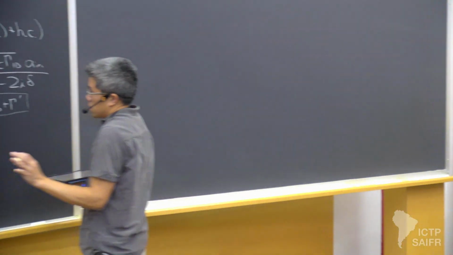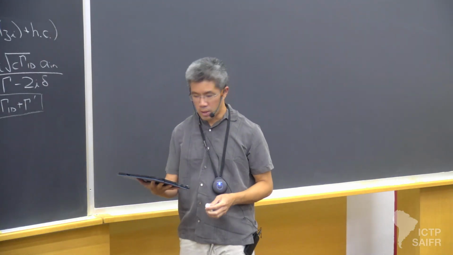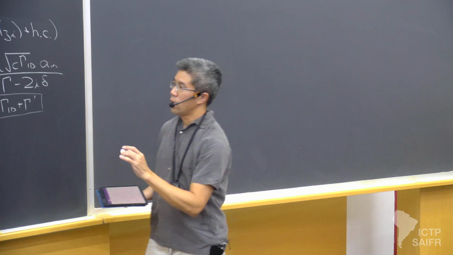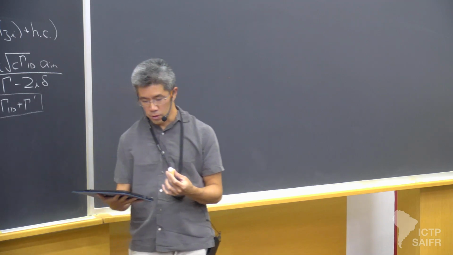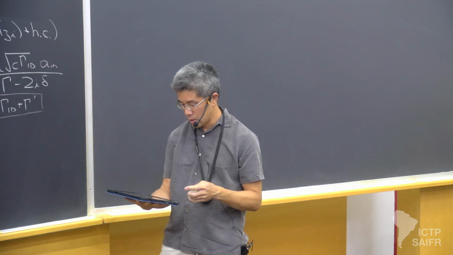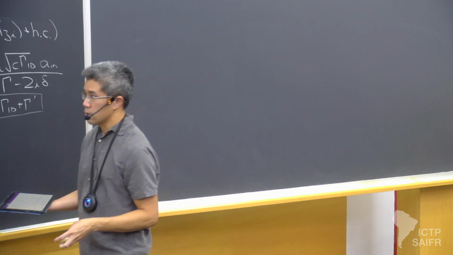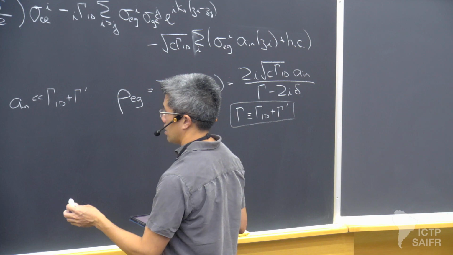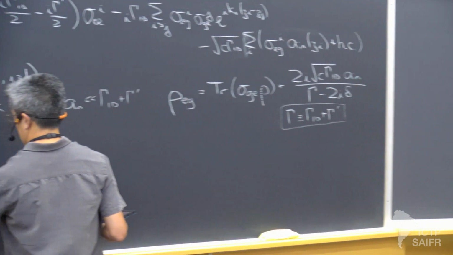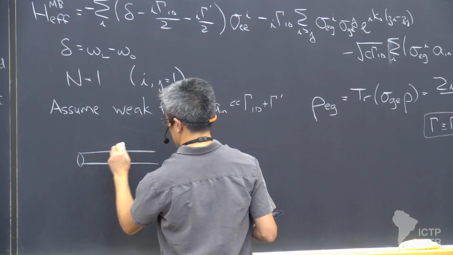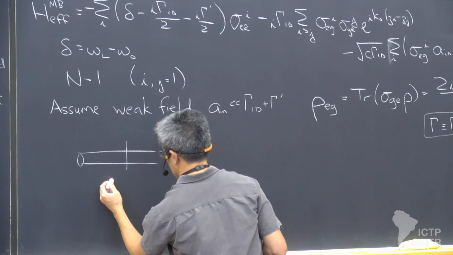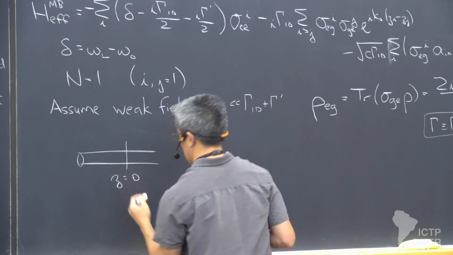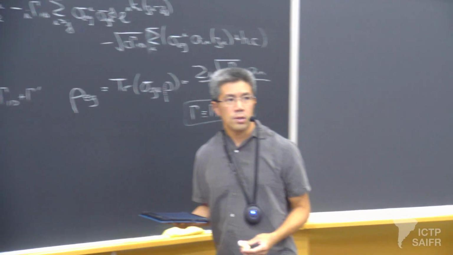So this equation here is a little bit abstract, but it becomes a little more physical when we go back and try to calculate the field's properties. In particular, imagine we have a single atom sitting at z equals 0.